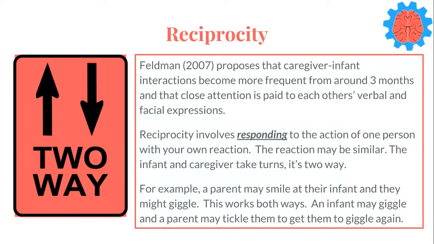It might be similar, but it doesn't have to be. So the infant and caregiver take it in turns and it's quite two-way. Just as a quick example, a parent might smile at their infant and they might giggle in response, or an infant might giggle and a parent might tickle them to get them to giggle again. So it's really about responding to the cues that the infant's giving you, and that's why you take it in turns.